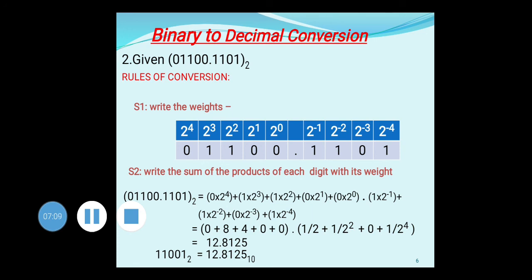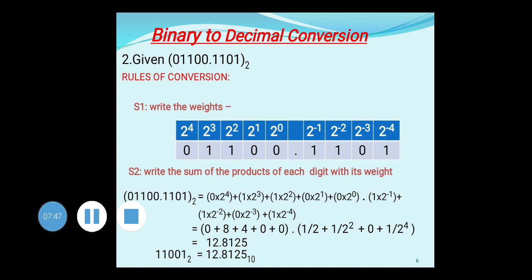And the next step I have done is 1 into 2 raised to minus 1 I have written as 1 upon 2, plus 1 into 2 raised to minus 2 I have written as 1 upon 2 squared, plus 0 into anything is always 0, plus 1 into 2 raised to minus 4 I have written as 1 divided by 2 raised to 4. You have to solve only this fractional part on the calculator, and you will get 0 point some answer.